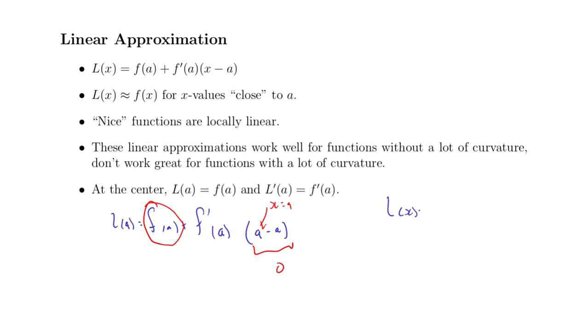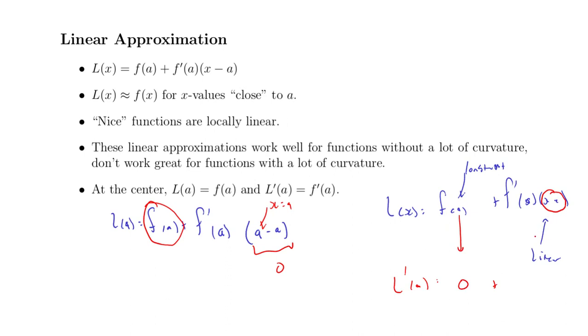If we look at L of X, that's F of A, constant, plus F prime of A times X minus A. There's our linear term. If we look at the derivative here, F of A goes to 0.